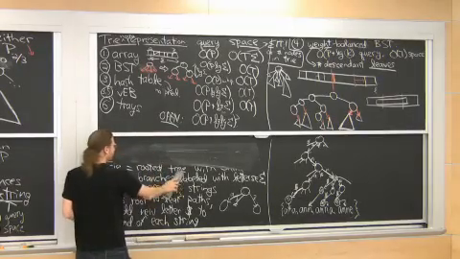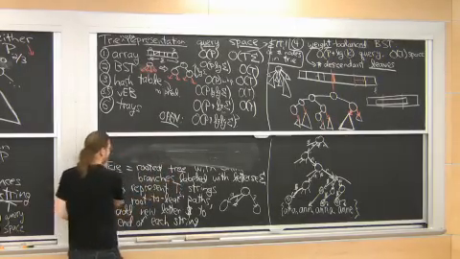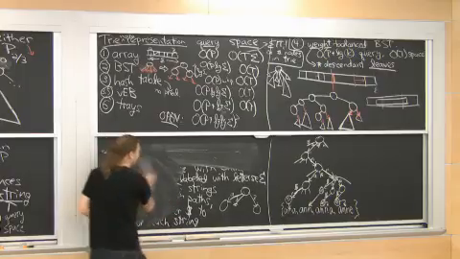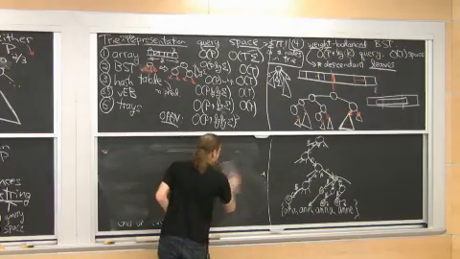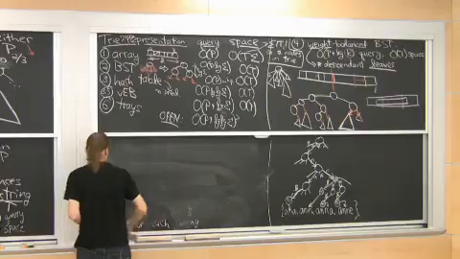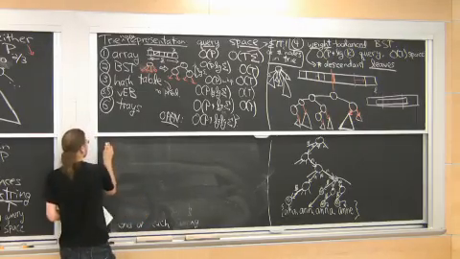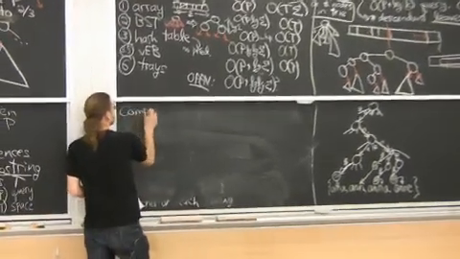So tries, branches were labeled with letters. That's still going to be true for a compressed trie. But as we saw in that lecture, in a compressed trie, we're going to get rid of the non-branching nodes.